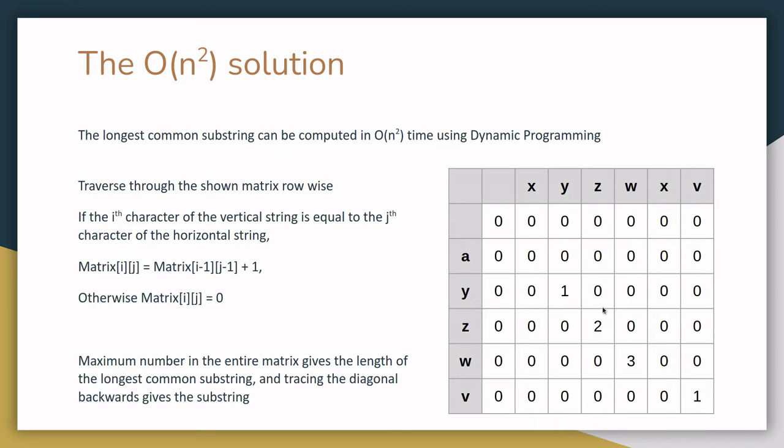So basically we fill the entire matrix like that, and ultimately the maximum number in the entire matrix gives us the length of the longest common substring, which in this case is 3. We can also trace the diagonal backwards to get the actual longest common substring. So we can just go backwards until we reach 0, and we get the longest common substring, which is y, z, and w.